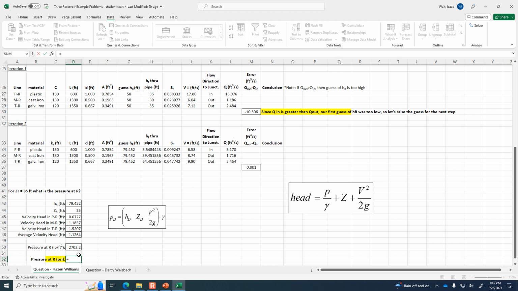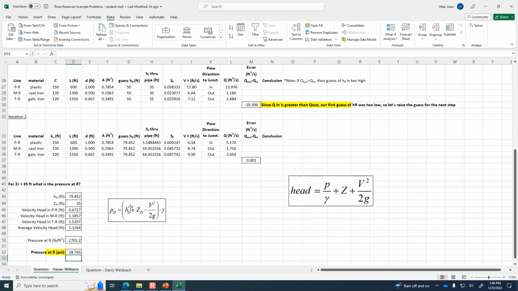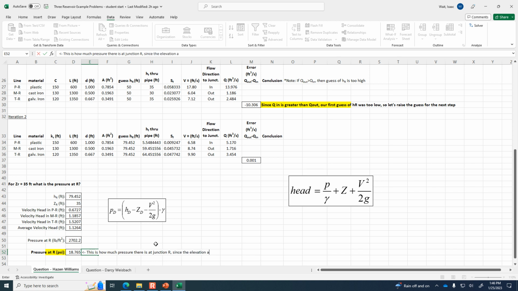So it is this pressure divided by 144. So the pressure at that junction is 18.7 psi. So we can say this is how much pressure there is at junction R, since the elevation at R is 35 feet.